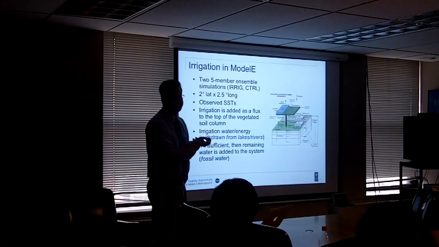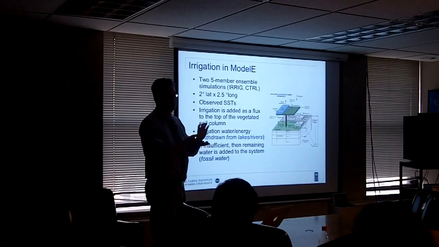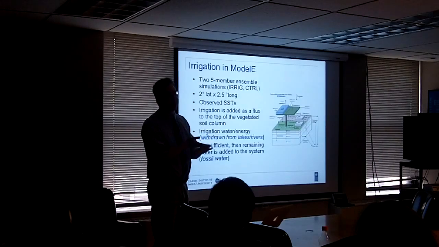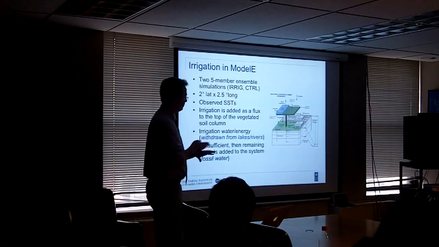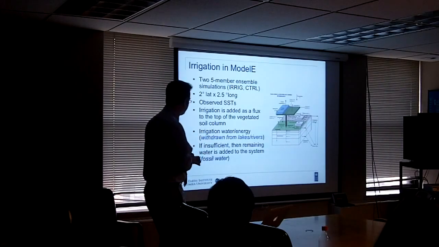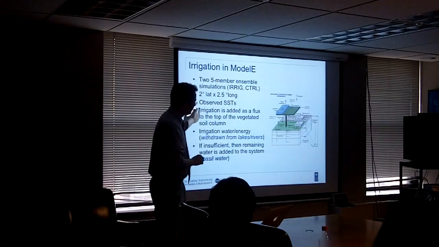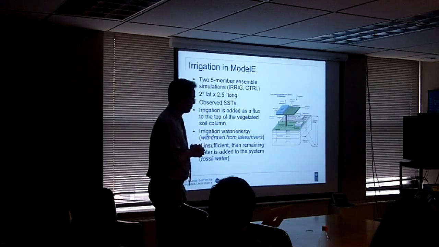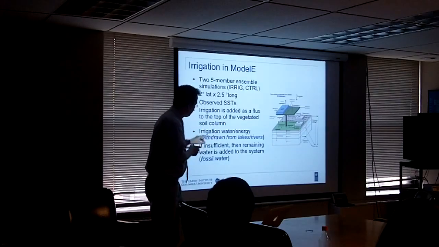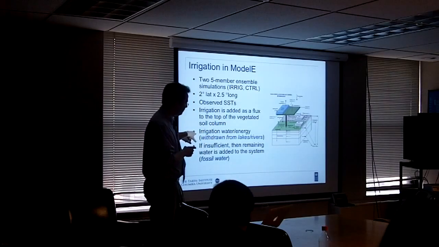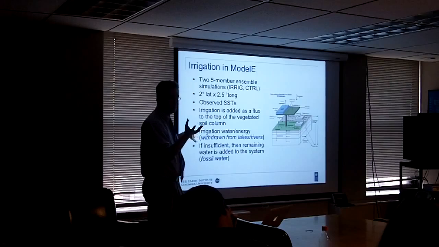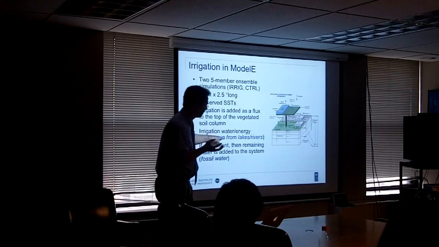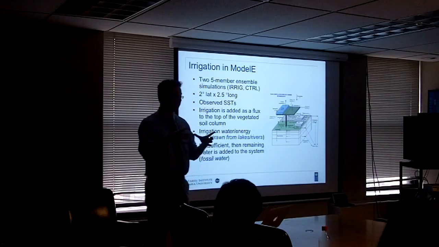That's why you use the soil moisture, the amount of water within the soil, to determine whether or not you're adding water for irrigation. And so we add this irrigation as a flux. We treat it as some observed flux. We take the water within the climate model, ModelE. We will take the water from lakes or rivers within the grid cell.